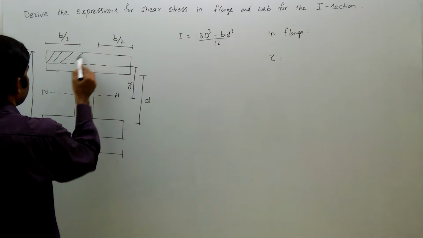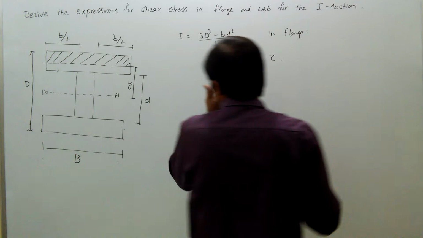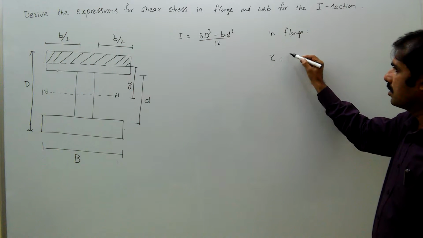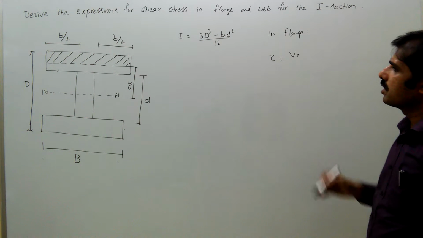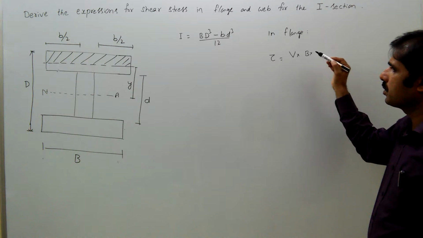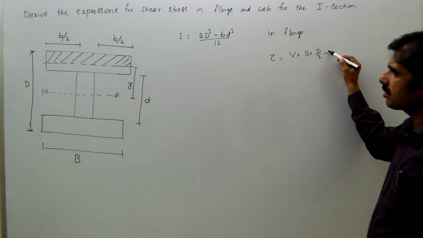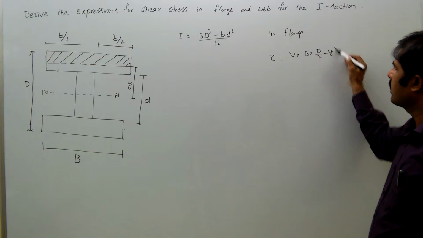Has this area. That means shear force V into moment of that area is capital B into D by 2 minus Y.